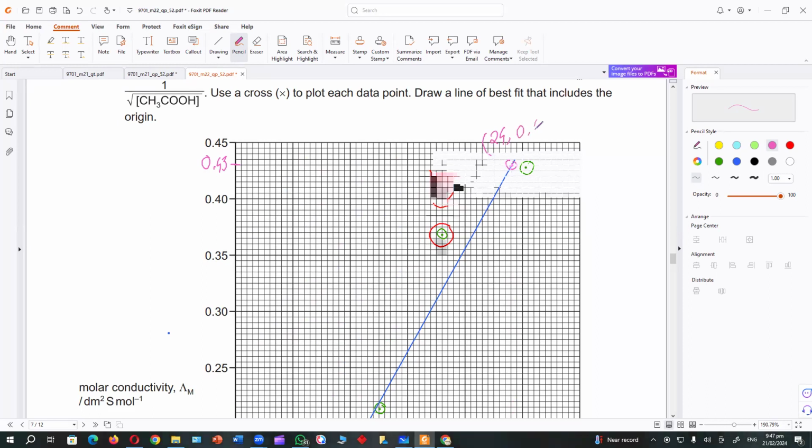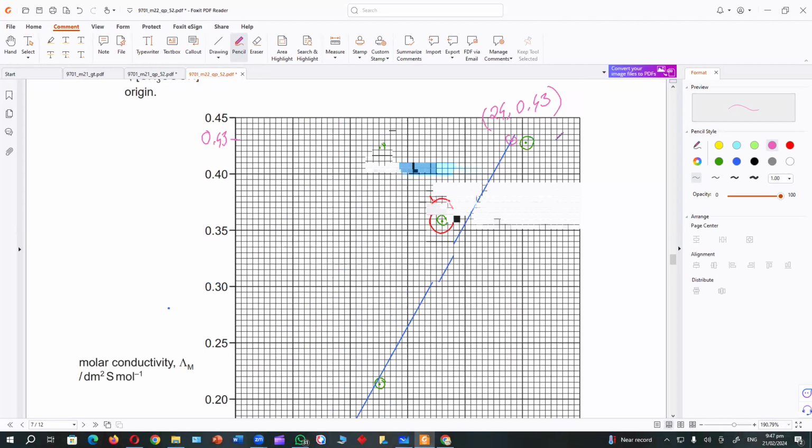So 24, 0.43. So let's find the gradient then.